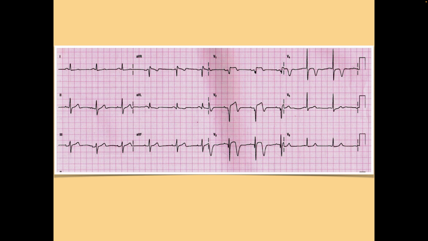So you see elevation in V1, V2, and V3. I know the question is going to come, what do we call this? Because there are 2 septal leads and 1 anterior lead, you call it septal anterior. If it's a septal STEMI that spills into the anterior, just pull the name along with you. Okay? So 4, 5, 6, please.